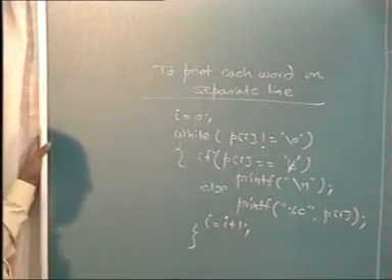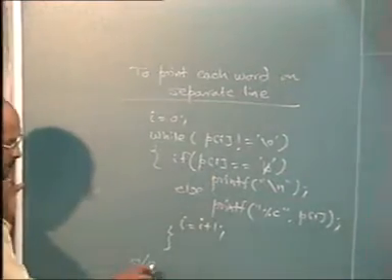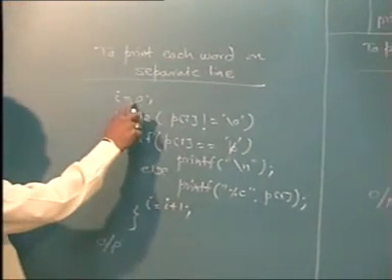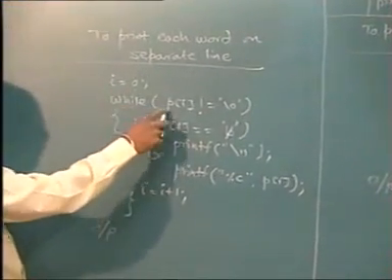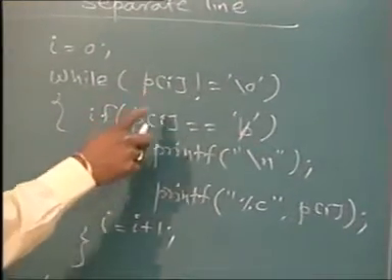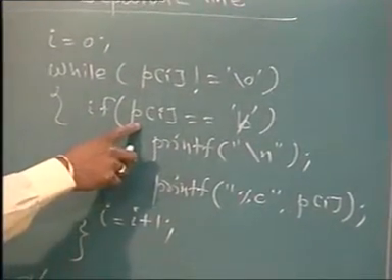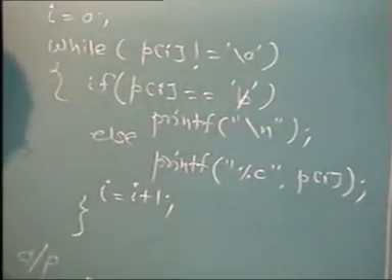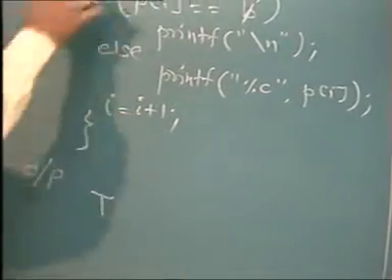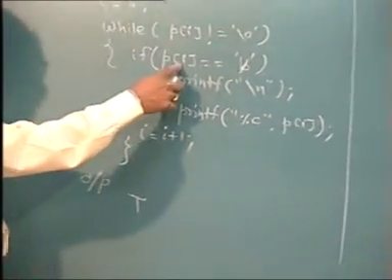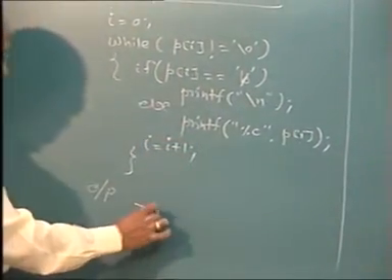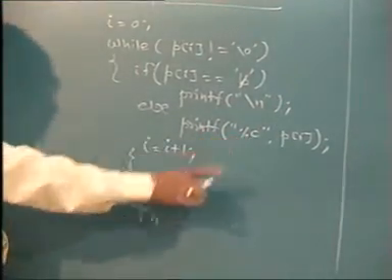So in this case the output will be: initially i is 0, so it will be p of 0, which is t, not equal to \0. Is it space? No. So we print t. i gets incremented. We go back, it is not \0, it is not space, h will be printed. Control is on the same line. We are not printing \n.